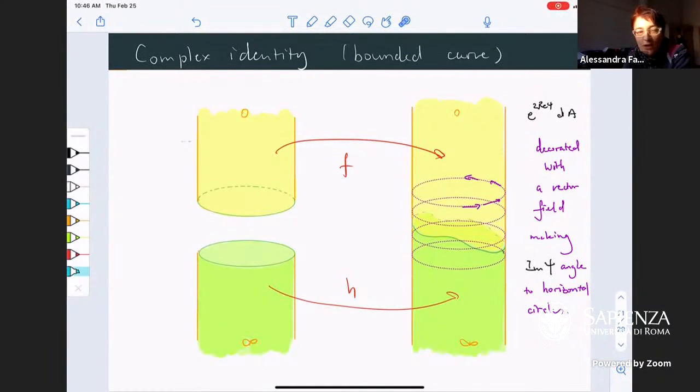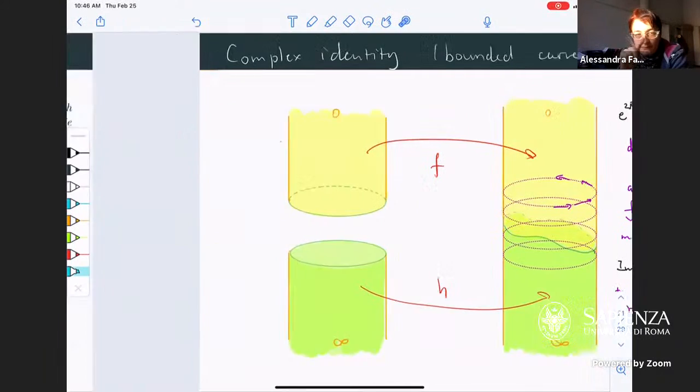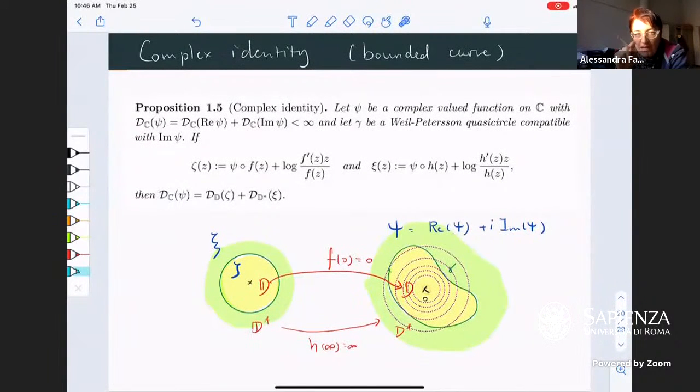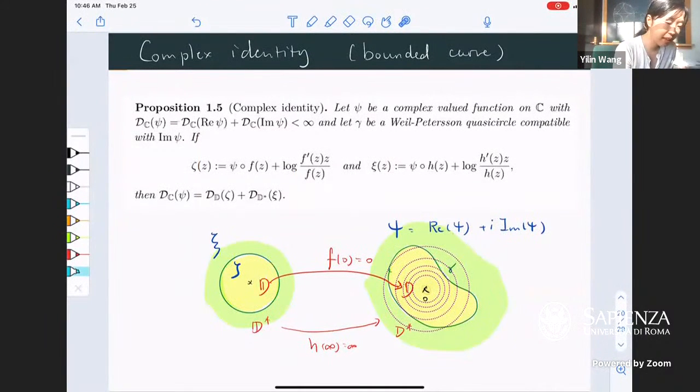Sorry, I have a question. Could you explain the relation between gamma and psi? Oh, sorry. Yes. Sorry, I should have said that. Gamma is a Peterson quasi-circle compatible with the imaginary part of C if its winding function along gamma coincides with the imaginary part of C. Okay, thanks.